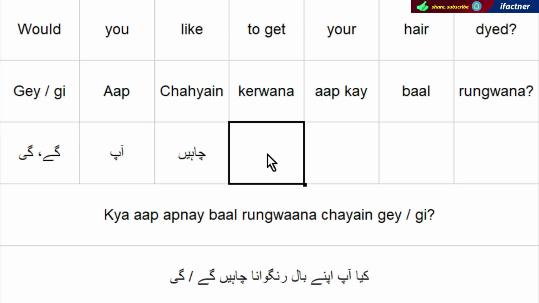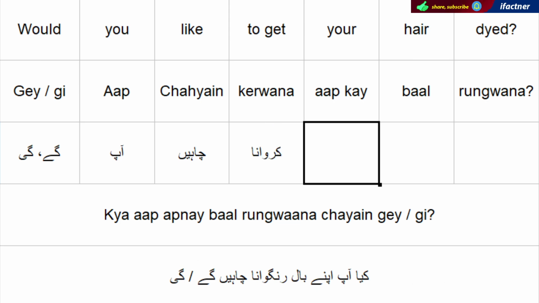To get means hasil karna, but here we can translate it as karwana, and we can type and spell karwana as kafre kar, waw, alif, noon, alif, karwana.